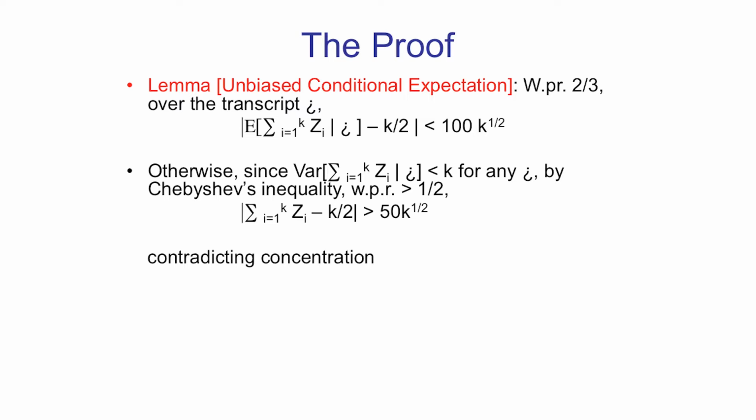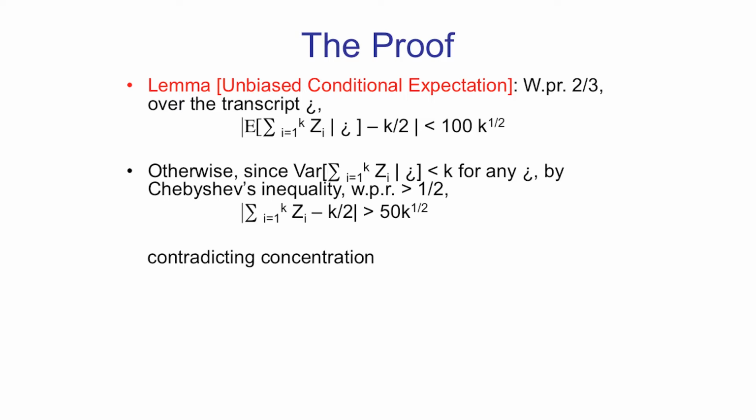So that's a problem, right? Because we know that these original bits, these Zi's, if we just take k independent coin tosses, are going to be about k/2 plus or minus root k. Now, what's one other way of generating random k bits? You can choose a random transcript, and then choose a random set of k bits which go to that transcript. In both cases, we should get the same thing: typically the input has about k/2 plus or minus root k ones.